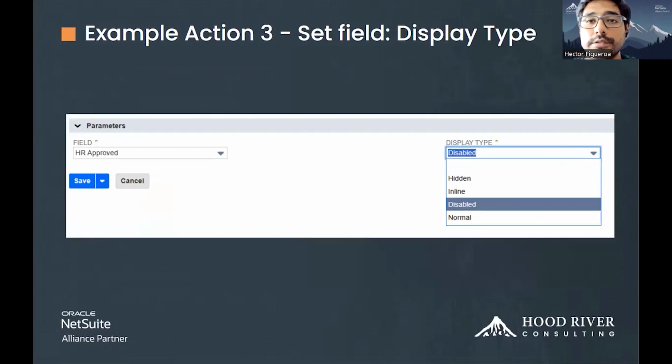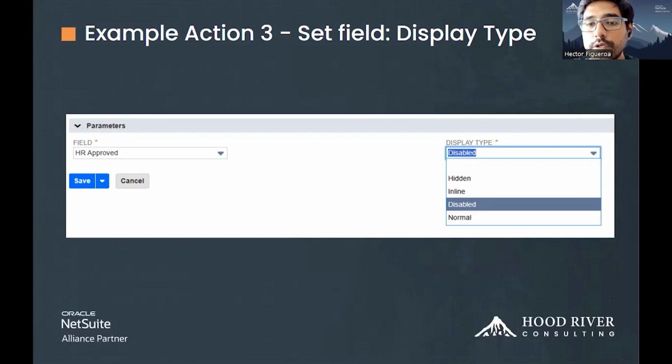Then the set fields. So the set field display types is, for example, to have it hidden, meaning that you will not see the field. Inline, meaning that the field will be there, but you will not be able to see it because you have an automation going on. Disable means that it is there, but it's grayed out, meaning that you cannot edit it.